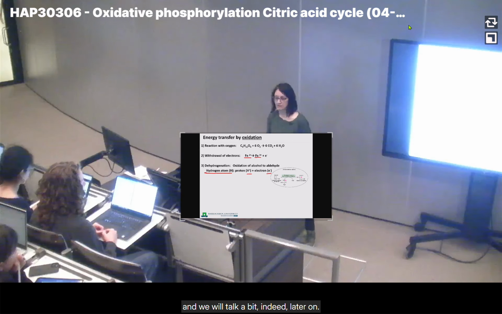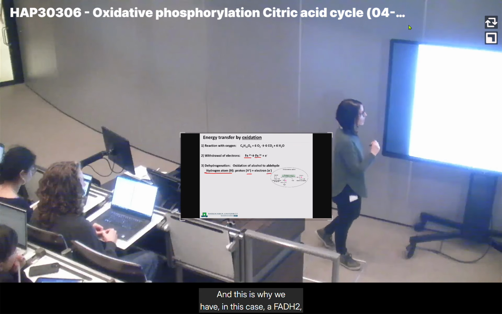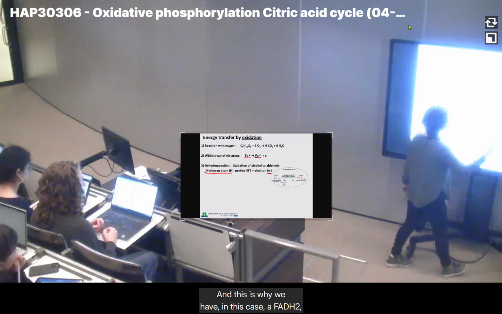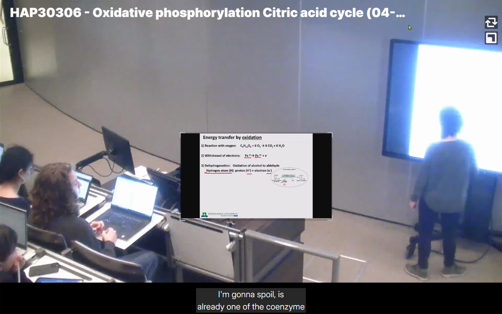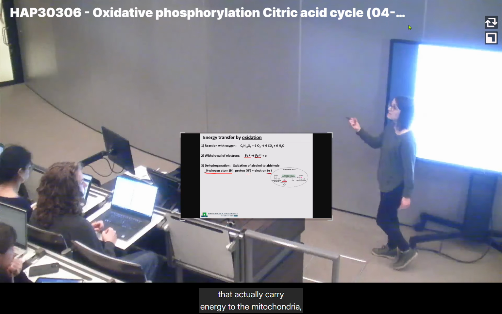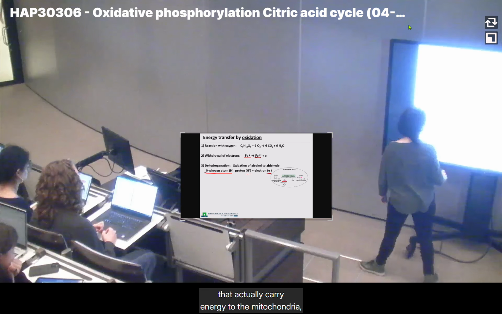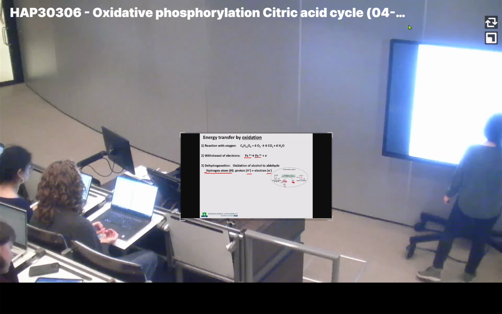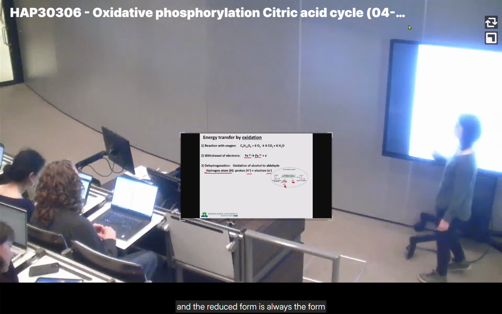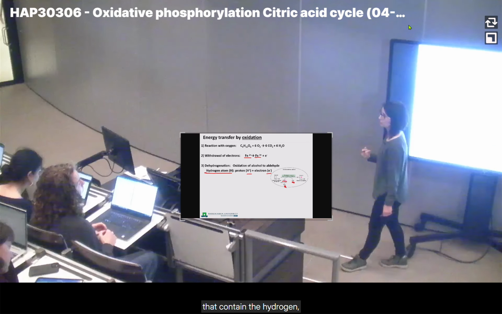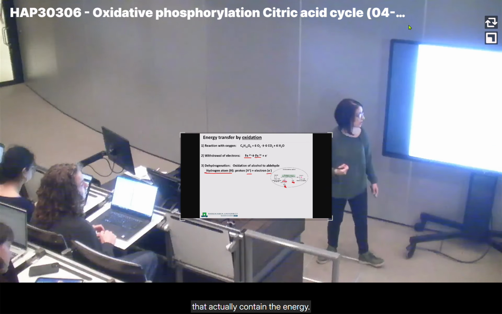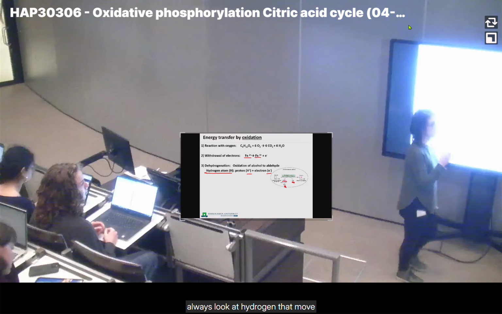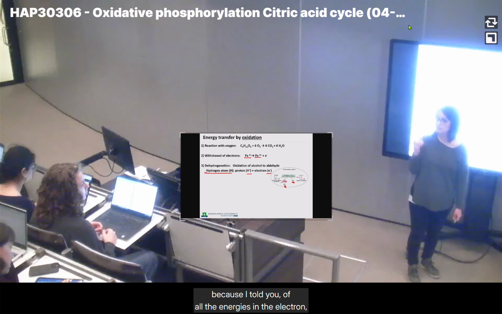And we will talk a bit in detail later on. And this is why we have, in this case, FADH2. I'm going to spoil it, it is already one of the coenzymes that carry energy to the mitochondria. And you have the oxidized form, which is this one. The reduced form is always the form that contains the hydrogen, that contains the energy. And when you look at that, always look at hydrogen that moves.